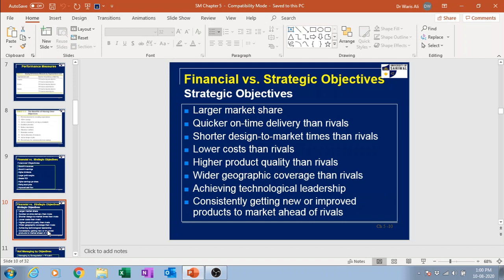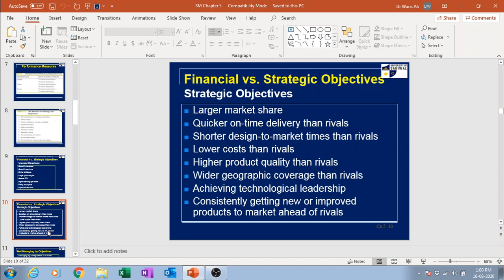We want to offer better delivery services than rivals, than competitors. We want to reduce cost relative to rivals, have higher product quality than rivals, wider geographical coverage than rivals, better market coverage than competitors. We want to achieve technological leadership in the industry. We want to improve our products to be better than our competitors. So these are strategic objectives.